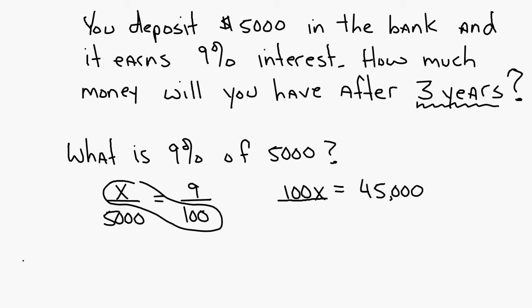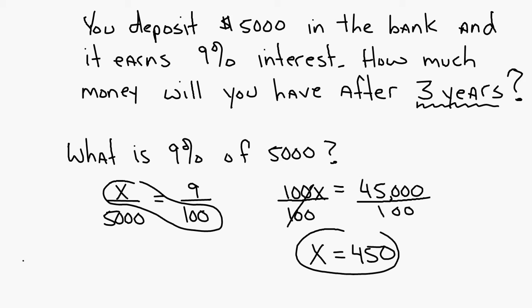Divide both sides by 100, and your x is going to be equal to 450. Now, that's how much interest you'll earn in 1 year.